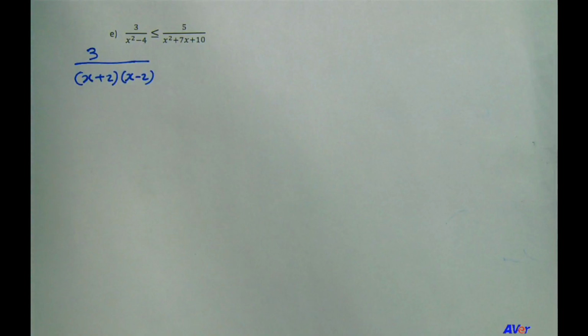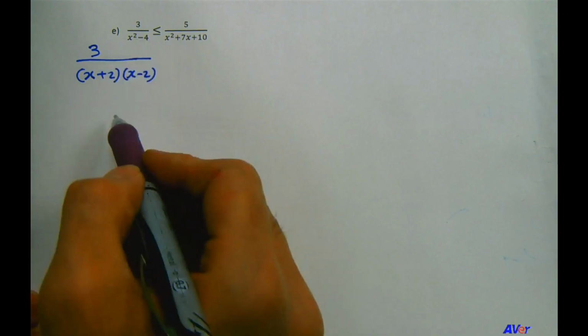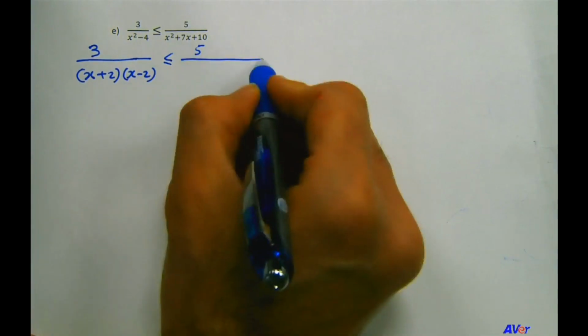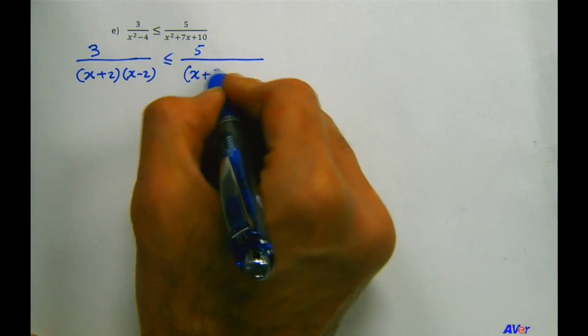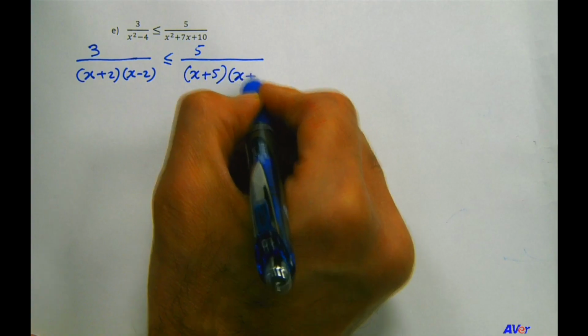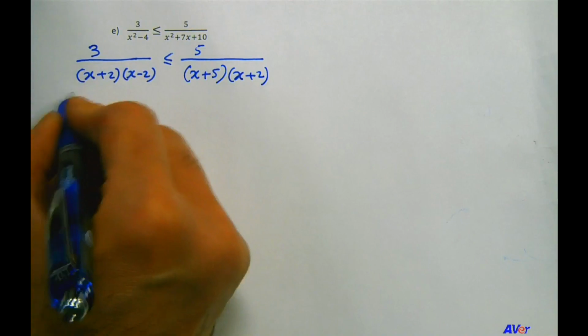So in this case, we are applying the one in red that I showed to this one. And on the right, the denominator can be factored, right? Those are easy numbers to factor. So (x plus 5) times (x plus 2) are the factors of that. Now let's move everything to one side. What do we have?